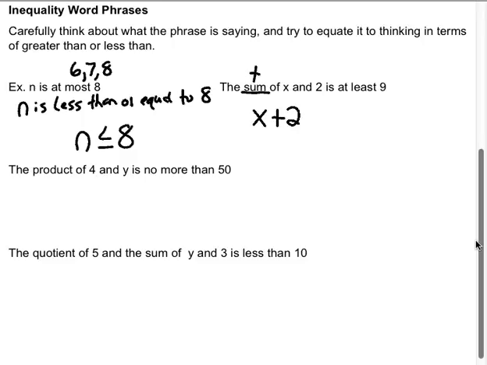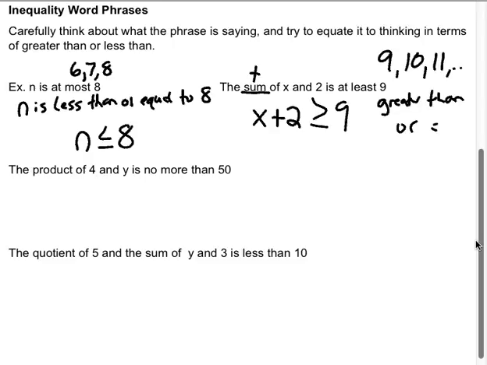So that means it could be 9, but it could be 10, 11, and so on. You're getting bigger. So being at least 9 really means greater than or equal to. So I would end up writing it like that.